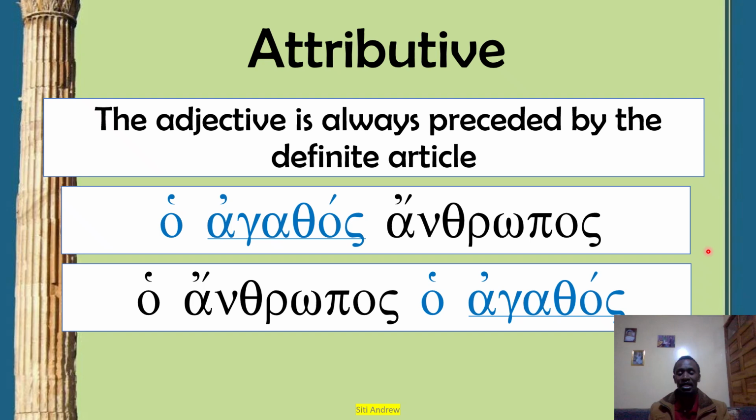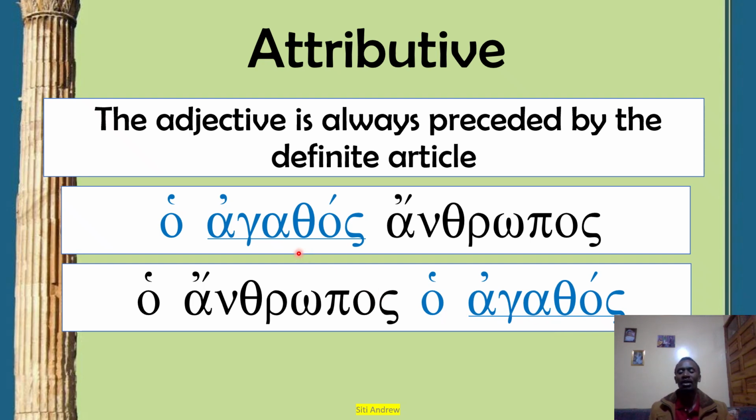So what you're saying is that the word order does not matter. So you can also see this second sentence, o anthropos o agathos. So you see again, although anthropos has come first, you have o agathos, which again you see is preceded by the definite article.